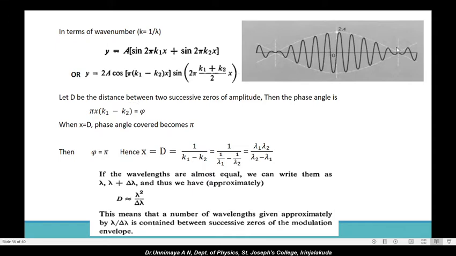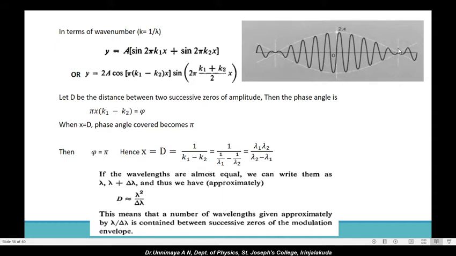at this point, when x is equal to d, the phase angle covered becomes pi. When the wave travels from x equal to 0 to x equal to d, the phase angle becomes pi, that is 180 degrees.